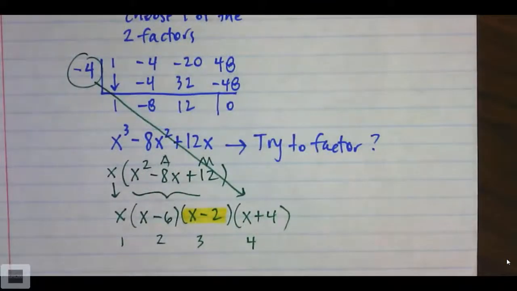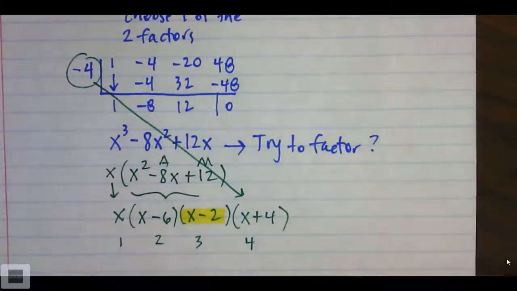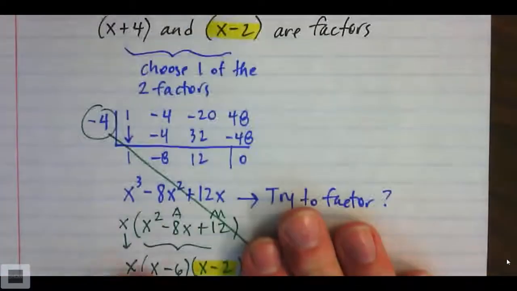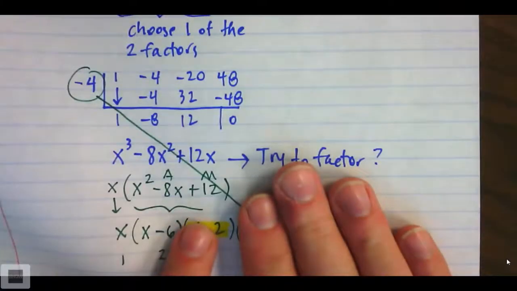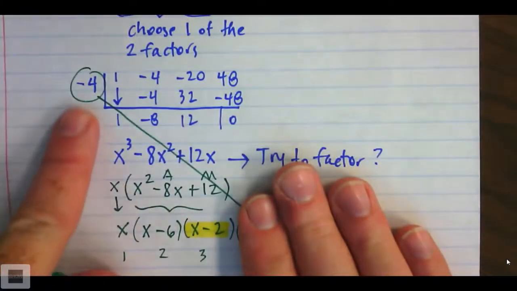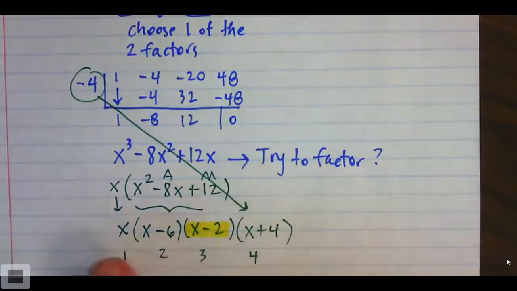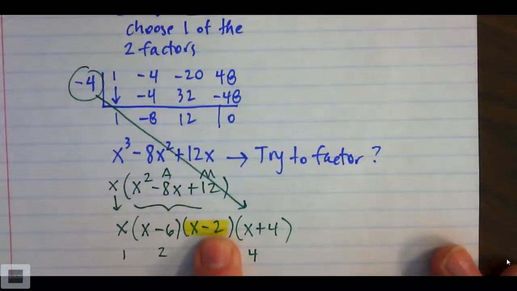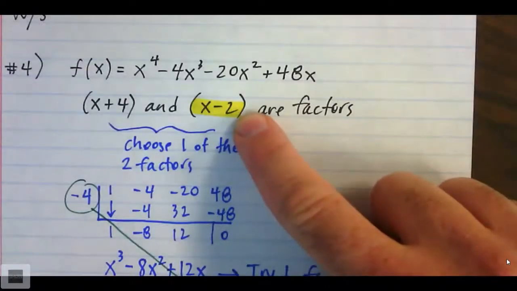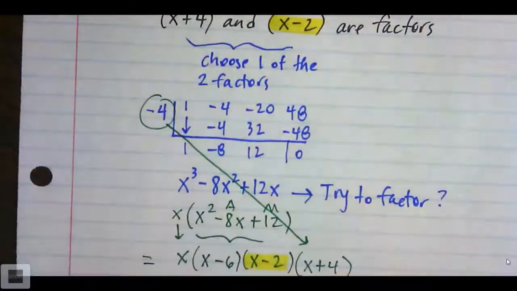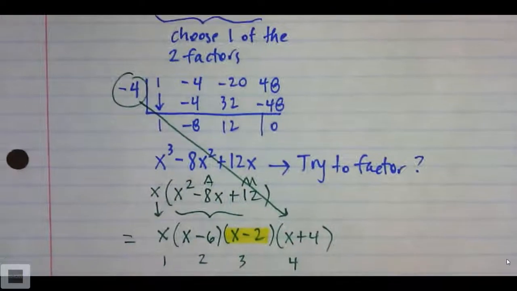So using your knowledge that the degree is 4, I should have 4 answers, and probably I will have 4 factors. Well, once you factor the first time, we already got 3 factors right here, 1, 2, 3. But that means I have to include this one as well, and now I've got 1, 2, 3, 4 factors, and I'm done. So that means this x minus 2 was the x minus 2 that was given to us. So this right here is our correct factorization.